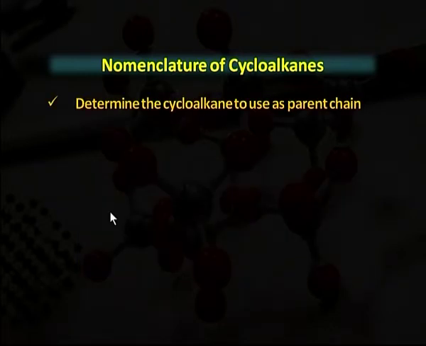Determine the cycloalkane to use as parent chain. The parent chain is the one with the most carbon atoms, that is the longest chain. If there are 2 cycloalkanes, use the cycloalkane with more carbons as the parent chain.